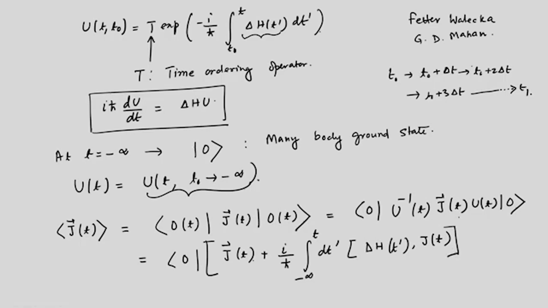Let me use another bracket so that it does not look like the commutator bracket. Where does this come from? You have to understand that I have done a simplification, or rather skipped one step. Let me show you that step here.